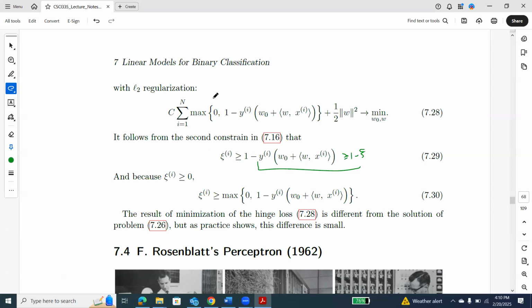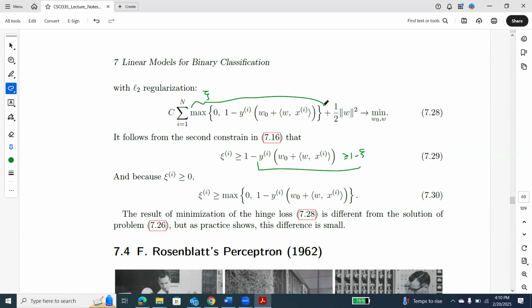So, as you remember, in our loss function, we had the sum of these slack variables xi. The goal was to minimize it. But if our xi can be smaller than this value, we can just change xi by this value, by 1 minus margin.